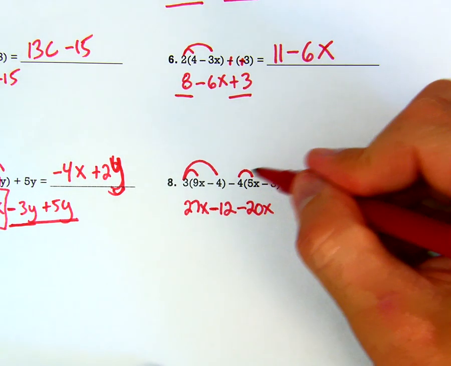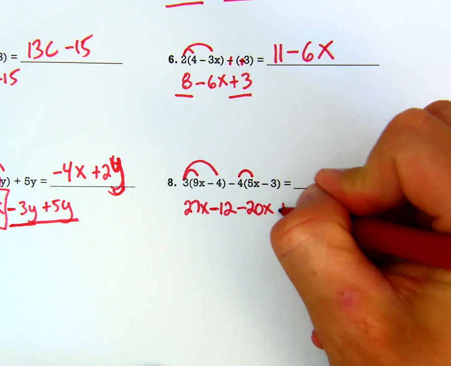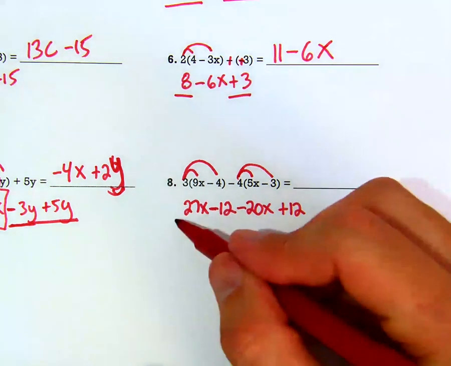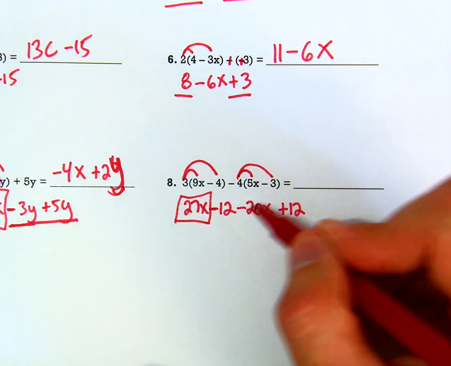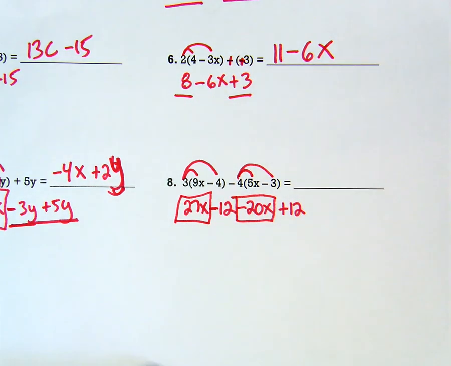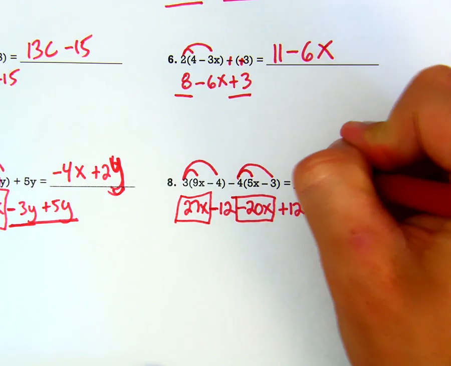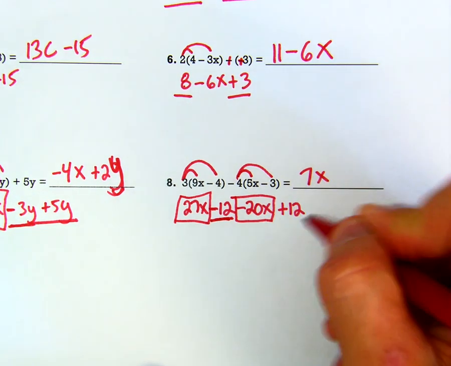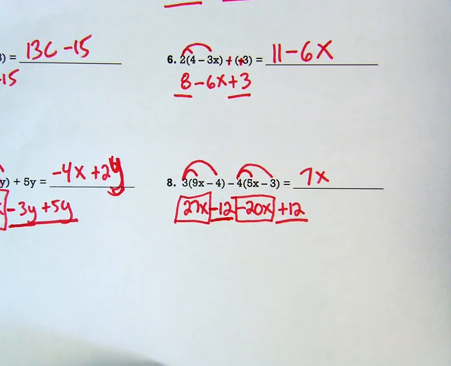And then negative 4 times negative 3 is a positive 12. I can go ahead and combine my like terms. I'll start with this 27x minus 20x. So 27 minus 20, 7, so 7x. And then I have negative 12 plus 12 is just 0. So my answer is just 7x.